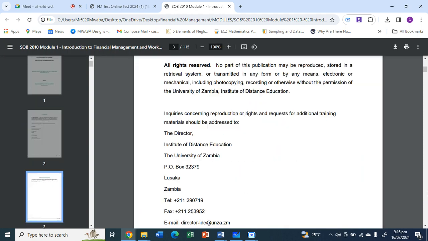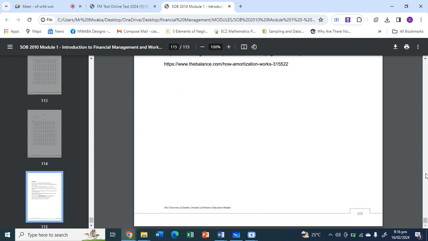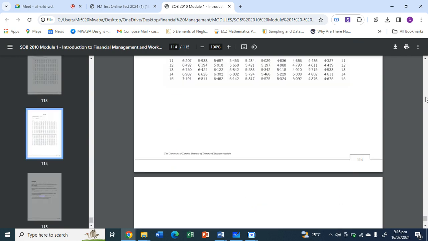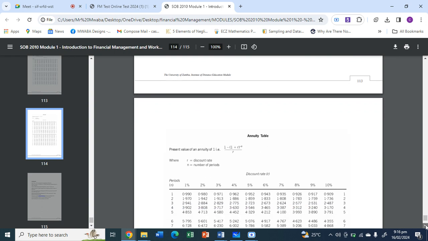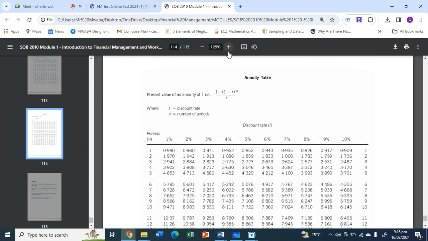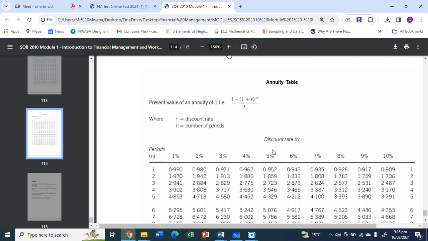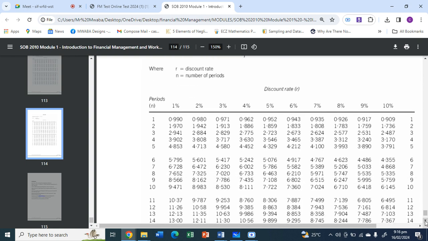These tables will save you time. So you just go to the annuity table. All right, here is the annuity table. Our interest rate is 5%, so you come here, the column of 5%. Then the number of years is 10 years, so you come here where there are periods and this is 10 years.